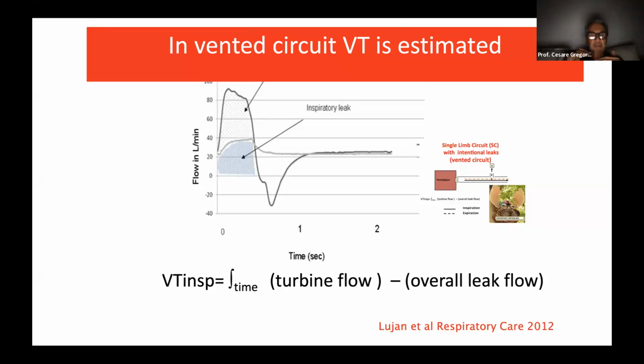As I told you, the ventilator always has a given level of EPAP. It is mandatory to make an estimation of this tidal volume. Anyway, in simple words, it is all the flow coming out from the ventilator, minus the flow coming out through the vented system, that is what the patient gets.